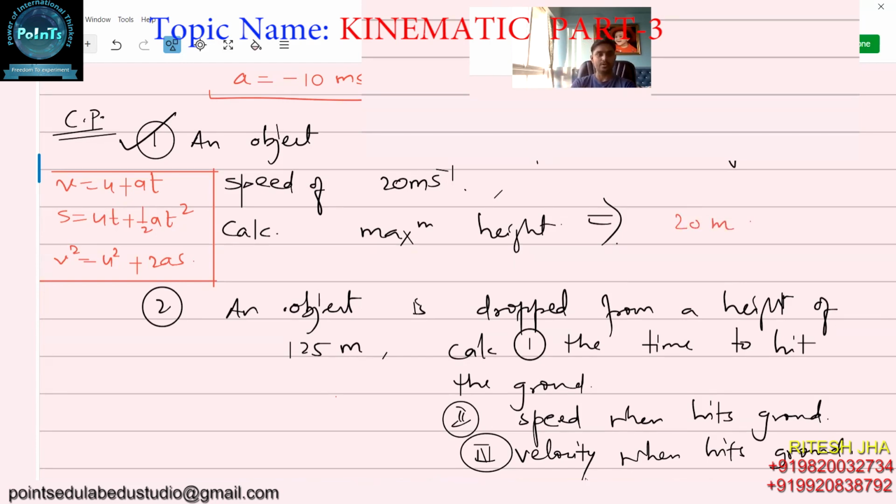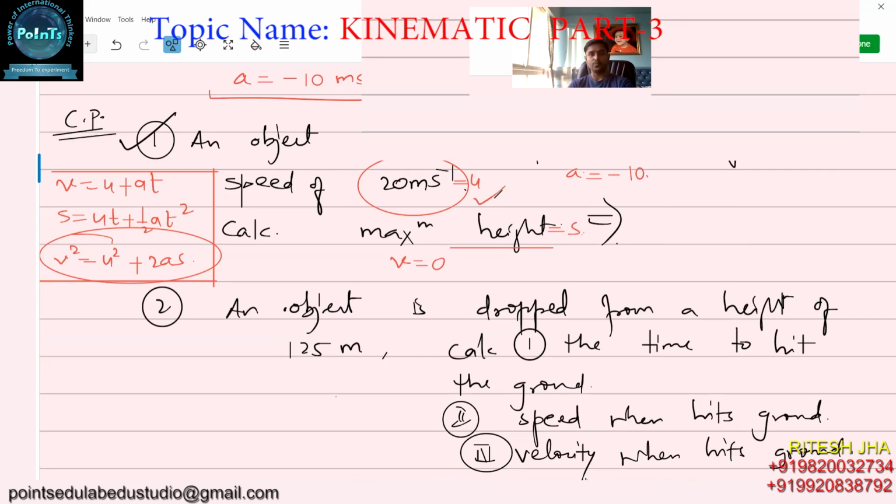And you should have used the third formula directly. Why? See, whenever you are given a question, think about what you are given. You know u. u equals 20. But maximum height means v equals 0. You are asked s, the maximum height, and you are given a, so a equals negative 10.